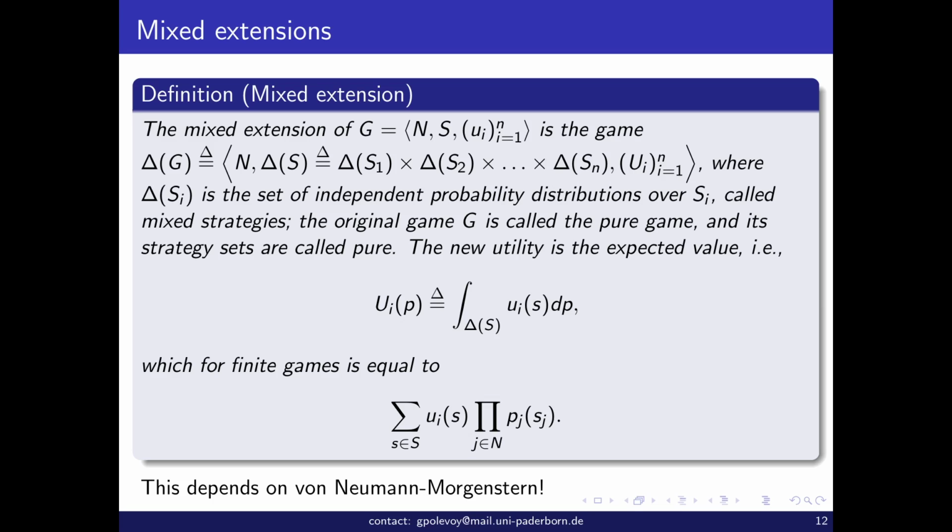And the utilities are simply linear extensions of the original utilities to this case, and we are now going to write exactly what we mean by linear extensions, but it's simply the expectations.